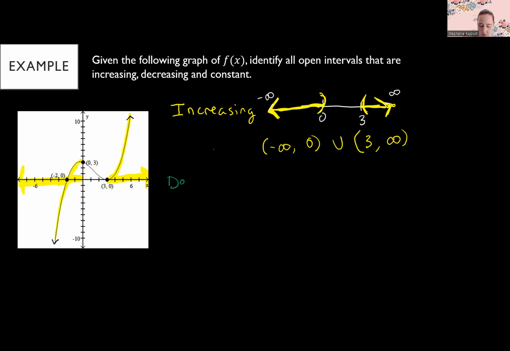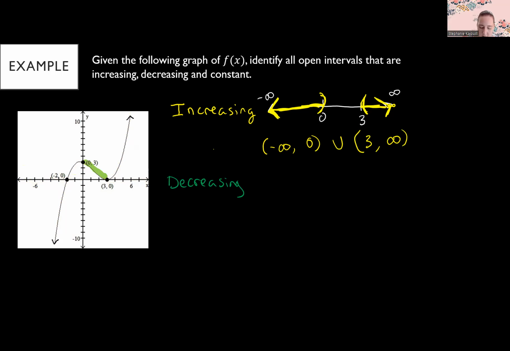So then we have decreasing. If you're looking at your graph, that's the section that's remaining, where it's actually going down. Yeah, so it's going down in that small section. The missing section of the domain between 0 and 3 is where it's going down.